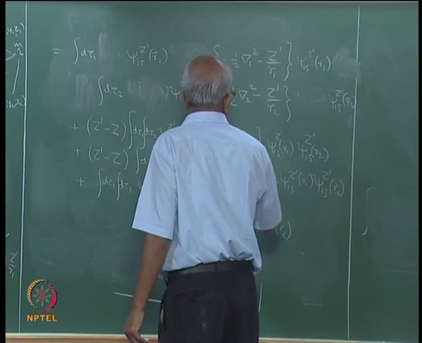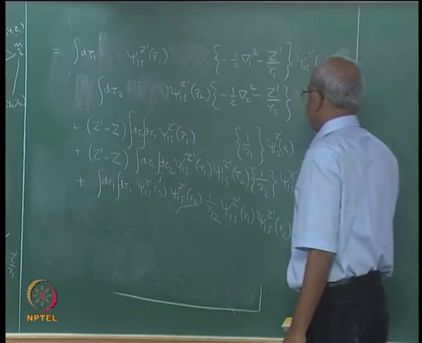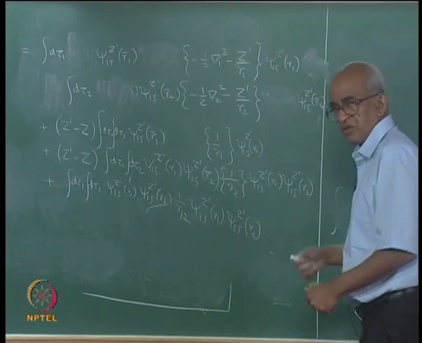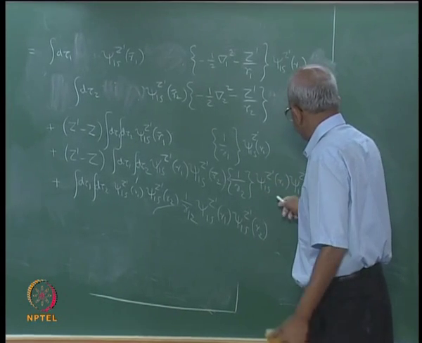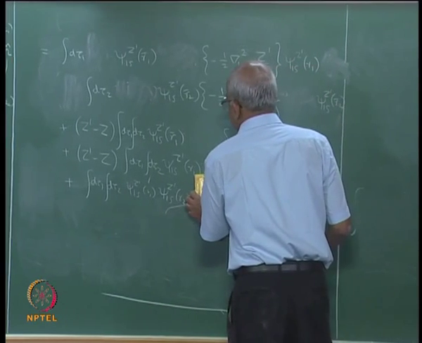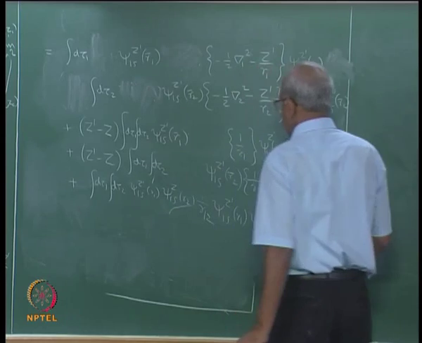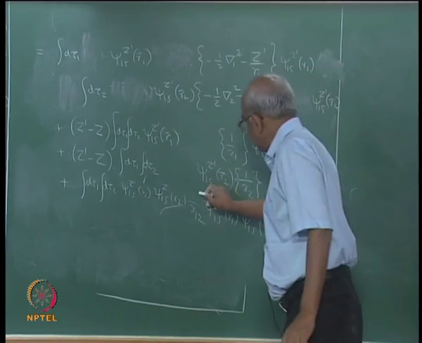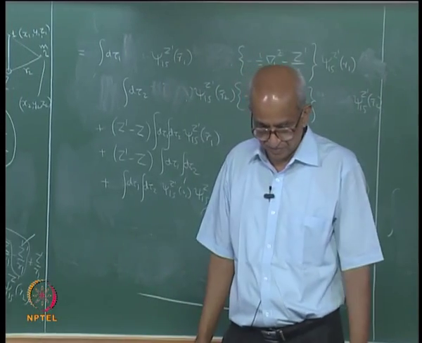This goes, and what about that term? You can do exactly the same thing, but this time you have 1 by R2, so therefore you will have to remove this one. Right, and unfortunately the last term you cannot remove anything, it remains as it is.